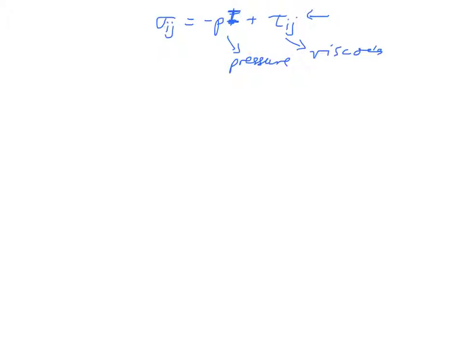And to get the final form of our momentum equation, we're going to make some assumptions. These assumptions are that this viscous stress tensor is symmetric, that viscosity is constant, and that the stress is proportional to the velocity gradients.